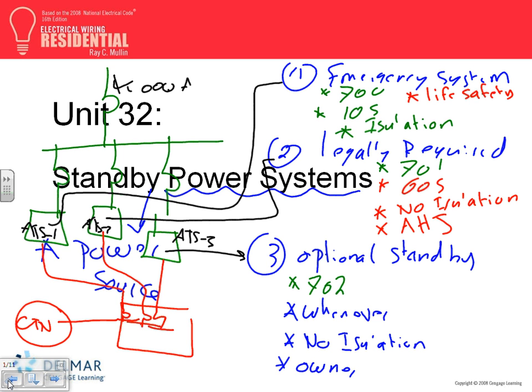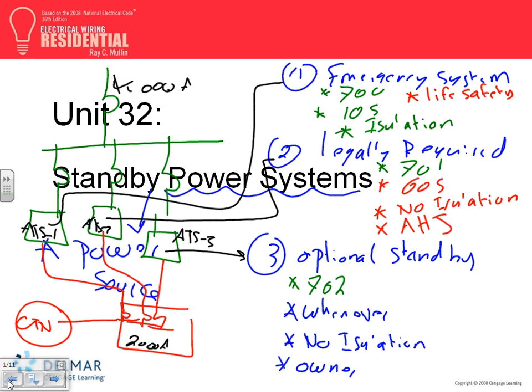And this is the generator. Let's just say this was a 2,000 amp switch gear. So we have two sources of power, guys. Here's a utility coming in. Here's a generator coming from this side, the red. I have a switch gear where the generators are feeding. And then from the switch gear, I'm taking a feeder to auto transfer switch 1, 2, and 3.